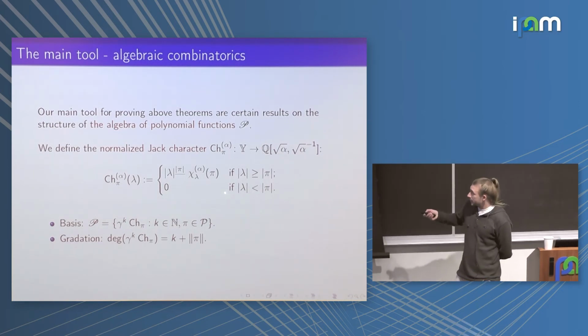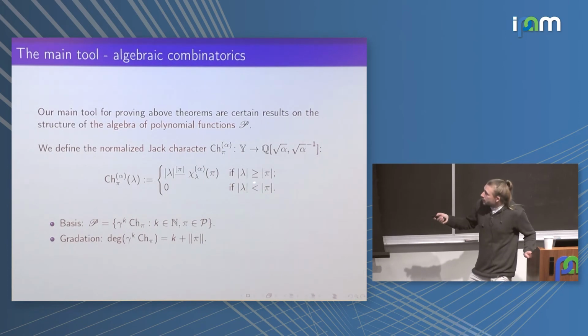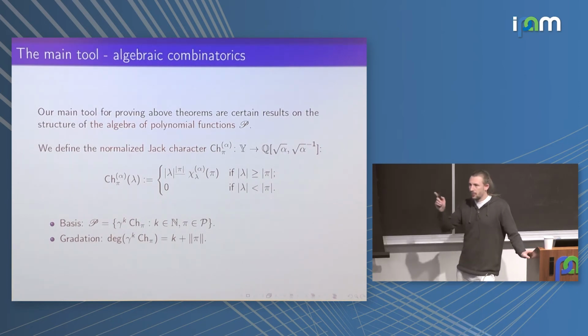So here we are doing the same thing. We are defining these normalized Jack characters as a function on the set of Young diagrams. The definition is pretty clear. If your element from your group is smaller than your Young diagram, then it lies in a smaller symmetric group, so there is no problem defining it. You just have to add some fixed points, and if it's bigger, you just set 0.